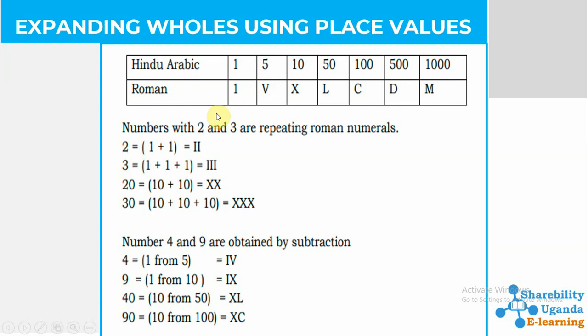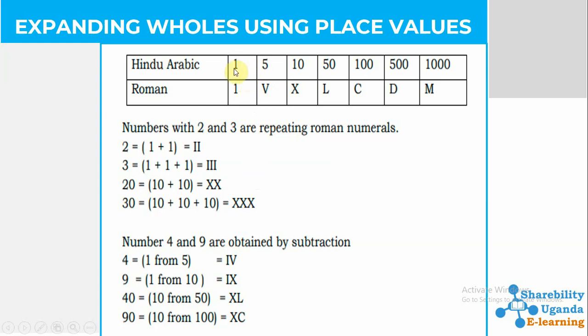Here it's very easy, and it's all about mastering these symbols because it's just a representation. I know it is not the first time for some who are in lower classes, they have attended this before. So this is just a revision of this topic.